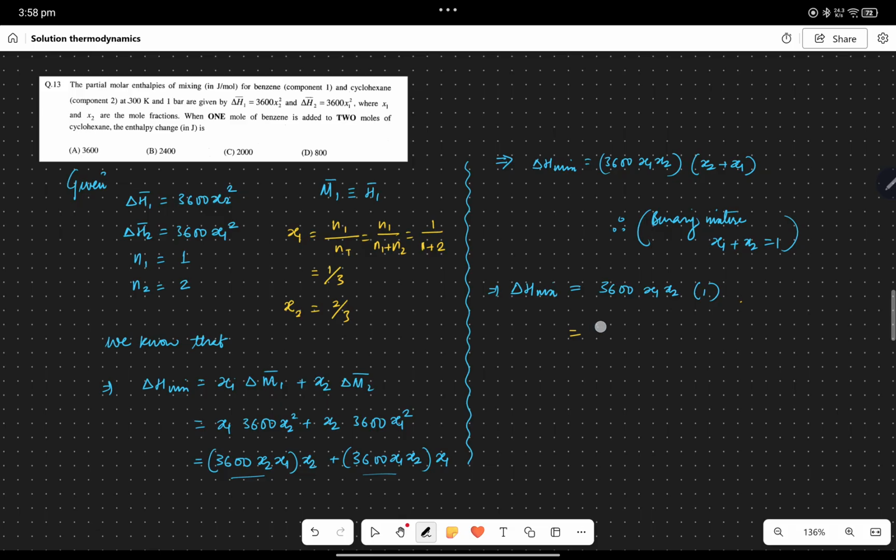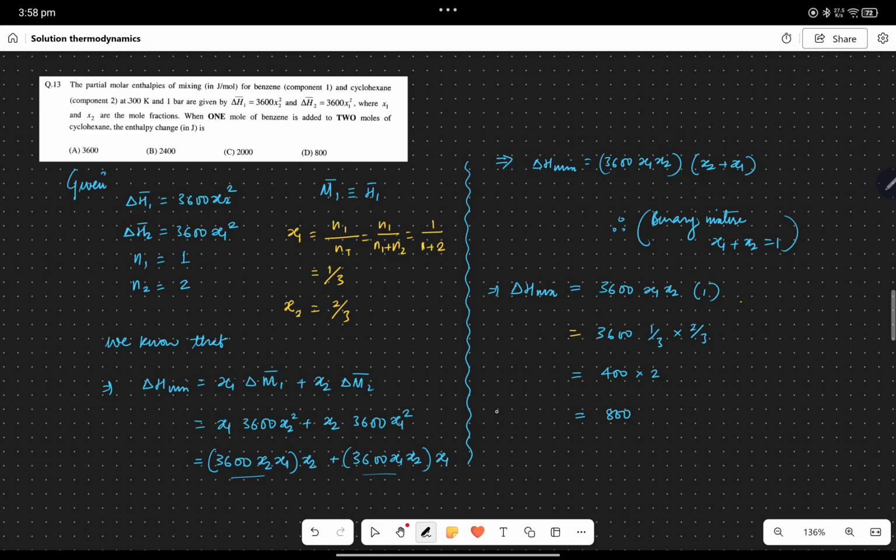And we are going to get 3600 times 1 by 3 times 2 by 3, and by solving it we get 9 in the denominator. 3600 divided by 9 is 400, into 2, and that is 800.